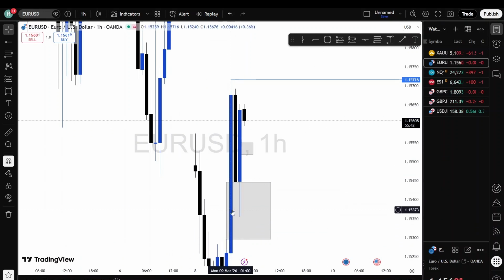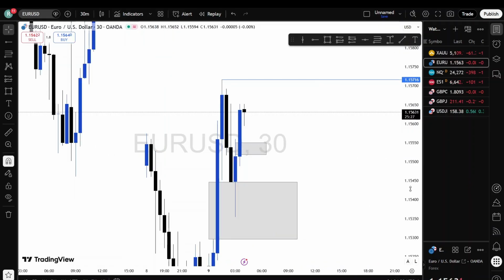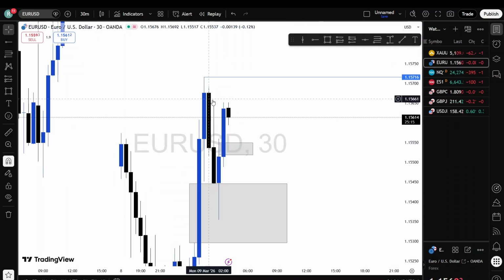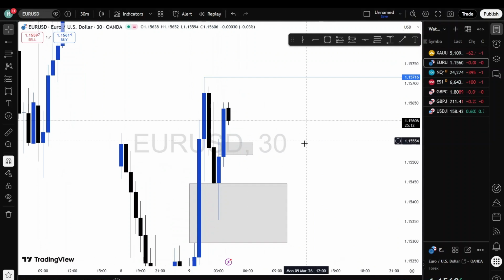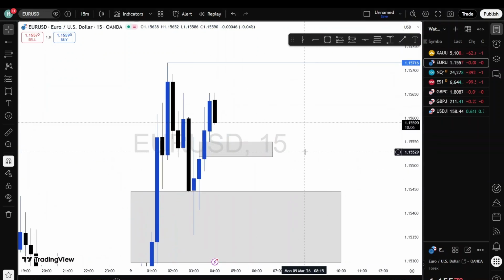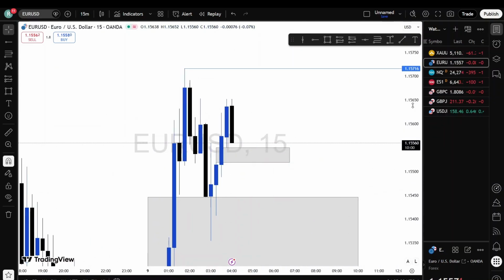After tapping this 1 hour, which time frame below 1 hour, the highest one, has the FVG available? 30 minutes has not yet created any FVG because it's still the second candle and this is the third candle. This can decide if 30 minutes will create an FVG or not. But if 30 minutes didn't create a selling FVG as well, then 30 minutes is still bullish, and 15 minute is clearly bullish because of the FVG. Okay, this one. So that's why I'm planning a buying trade on this.